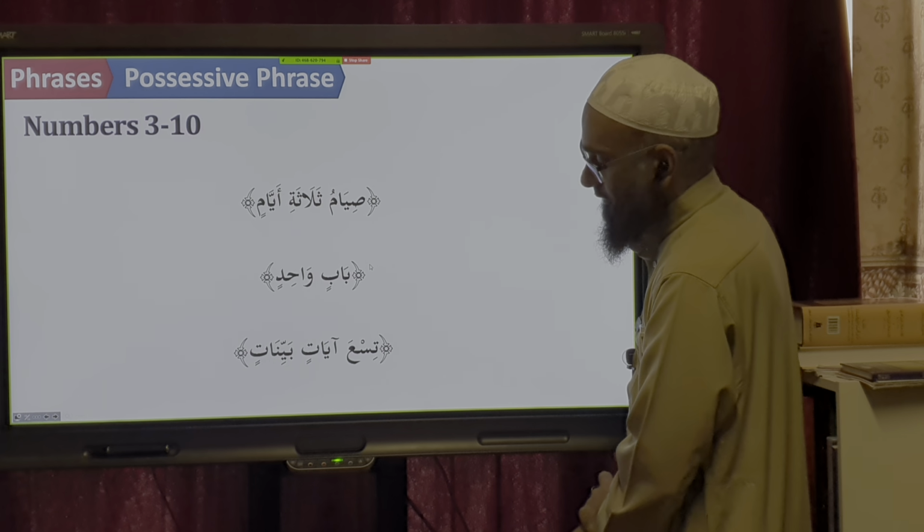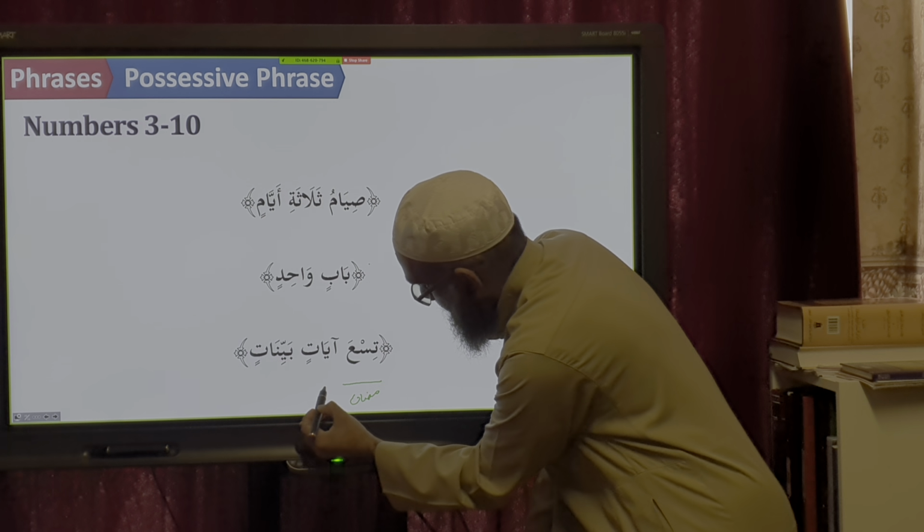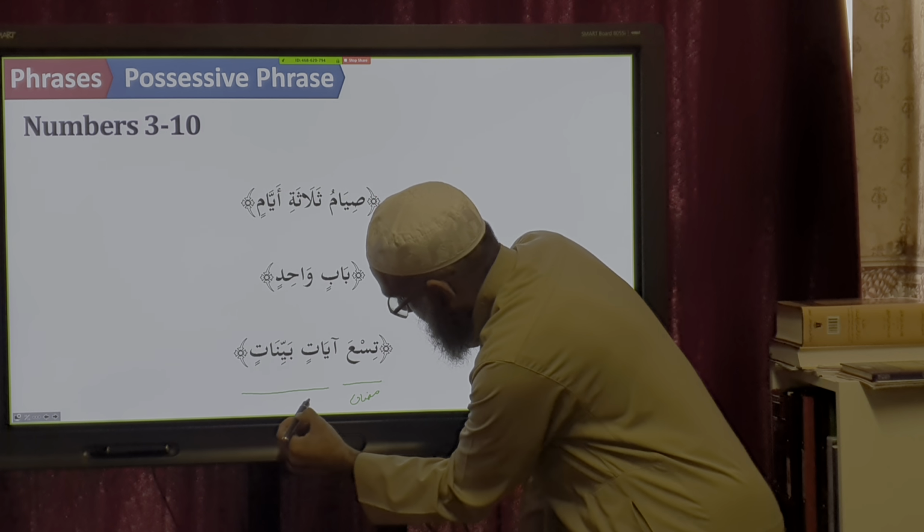Tis'a ayatin bayyinat. Tis'a becomes mudaf, that becomes mudaf ilayhi, ayat, and this is ma'dood. No, and I forgot to leave space at the bottom. There wasn't space. You have to say this is mudaf.